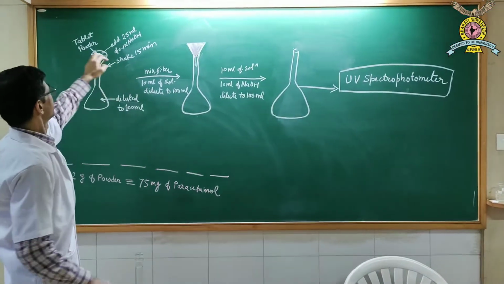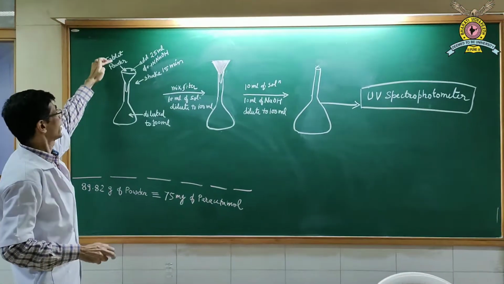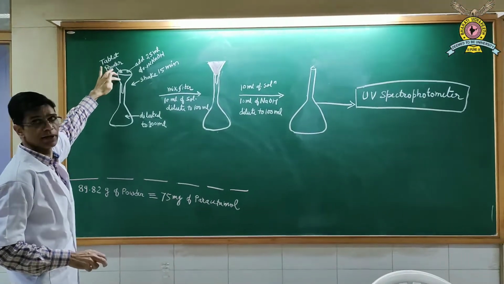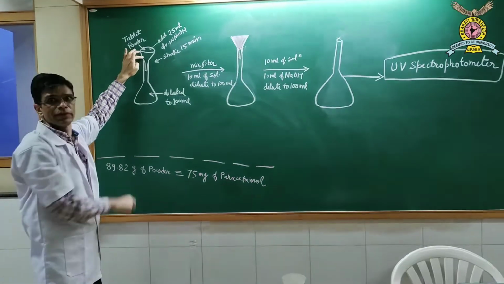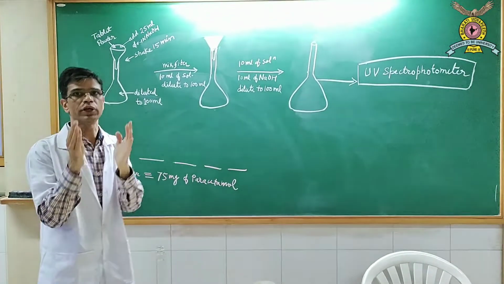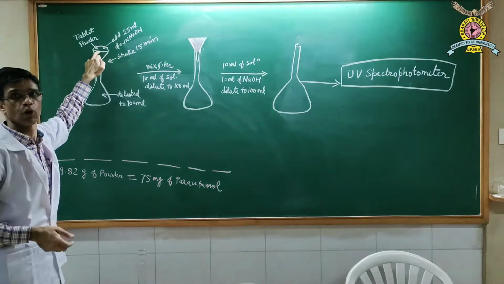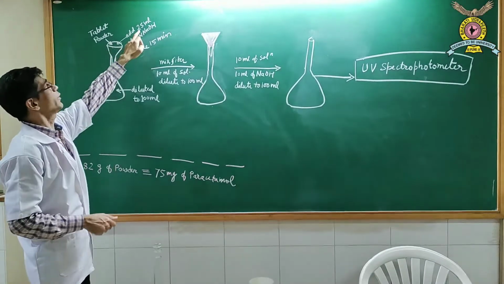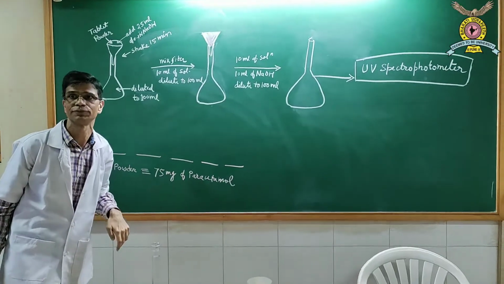Here we have to weigh the tablet powder. I have already explained the weighing operation. In the weighing room, we have to keep the volumetric flask as well as the funnel. The powder should be kept here, and we have to add 25 ml of 0.1 molar NaOH.